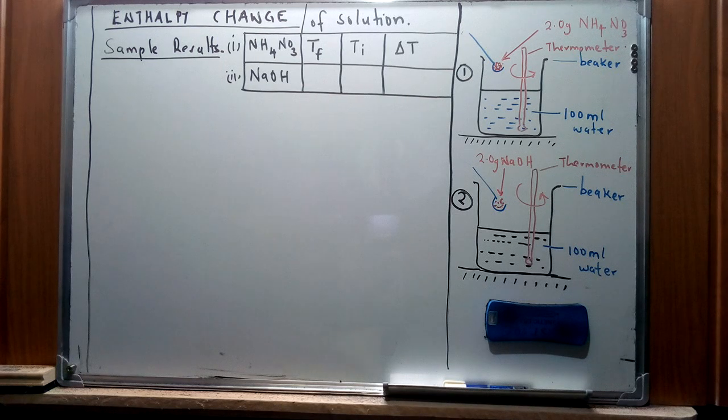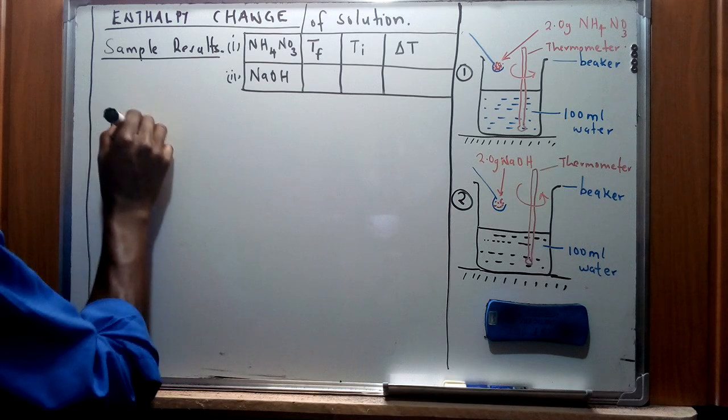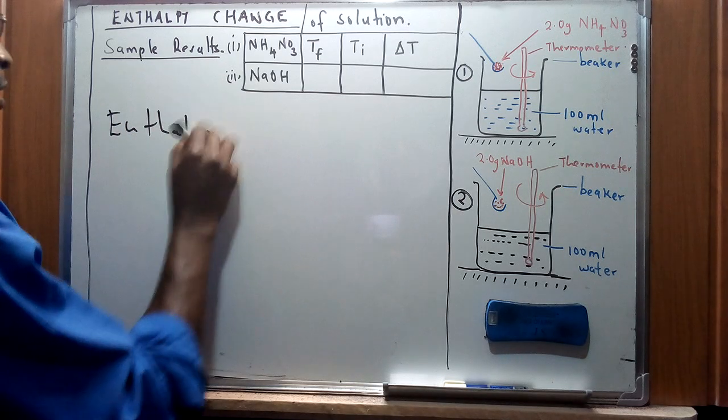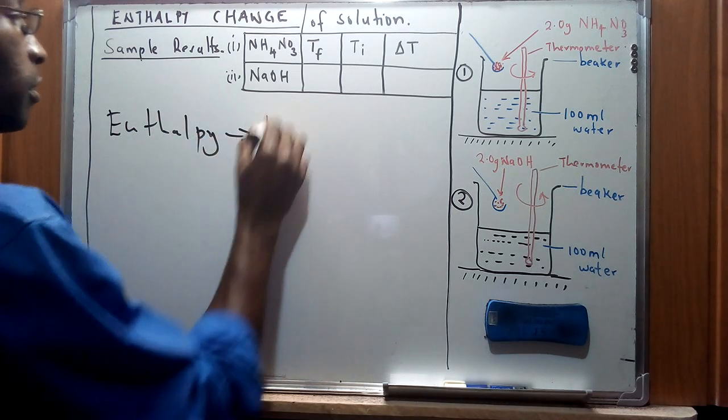This comes from the fact that we had already discussed some of the concepts which led us to the concept of enthalpy. We say that the heat content in chemicals is what we refer to as the enthalpy. So enthalpy refers to the heat content of a chemical.